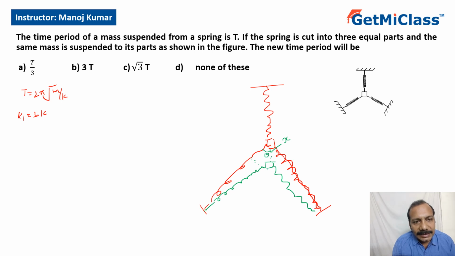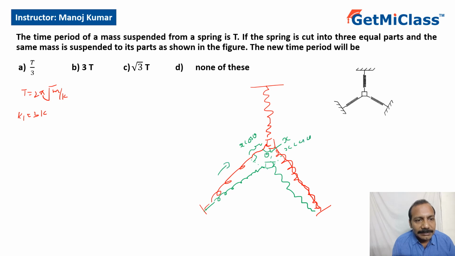So this would be the extension in this case. If this is x, this would be x cos theta. Similarly, this also would have an extension of x cos theta.